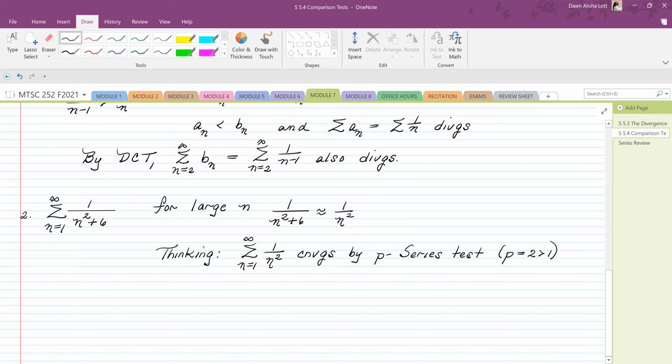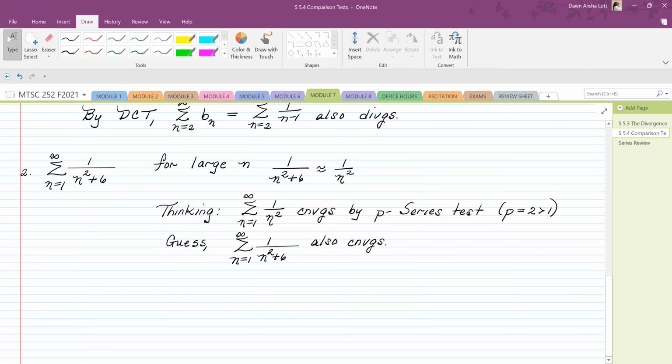So that converges. So I might guess that the summation n equals 1 to infinity of 1 over n squared plus 6 also converges. I have to prove that, so that requires some work.